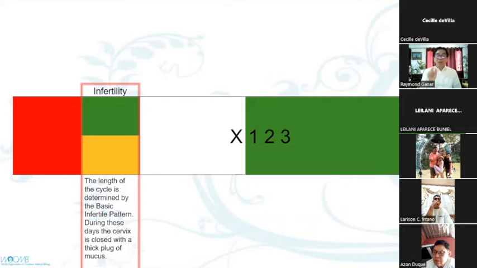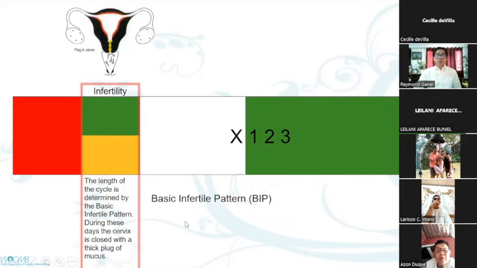During these days, the cervix is closed with a thick plug of mucus known as the G mucus. So this is the BIP. Look at the diagram on top. You will notice that the cervix is completely closed by the plug. There are two types: the BIP of dry, the unchanging pattern of dry, the color green, where nothing is seen and nothing is felt; and the other type is the unchanging pattern of discharge, which is not yet discussed in our session.